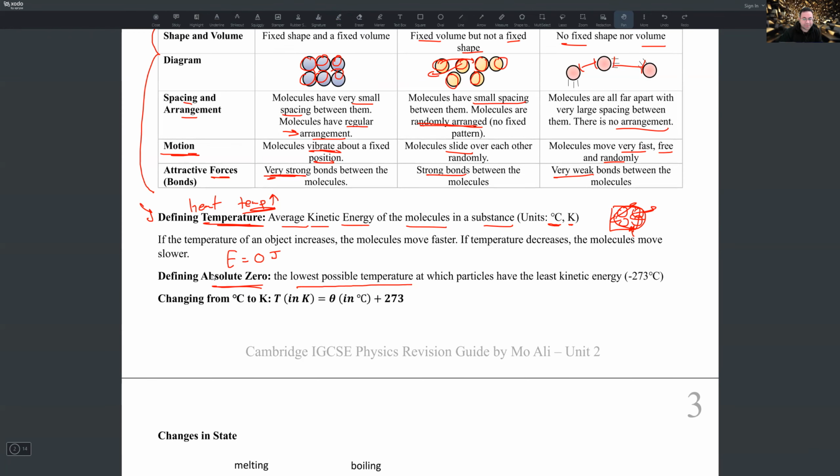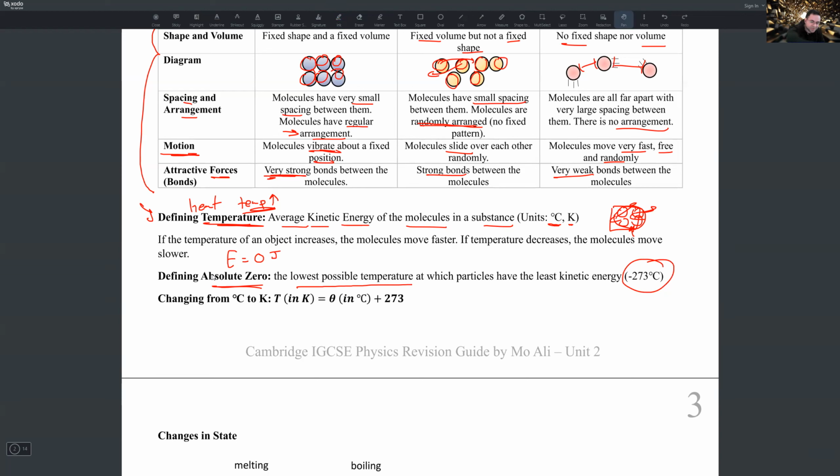At this temperature the particles have no kinetic energy. When you cool something to absolute zero, the molecules have no kinetic energy. What is that temperature? Negative 273 Celsius. Okay? You have to memorize that value.